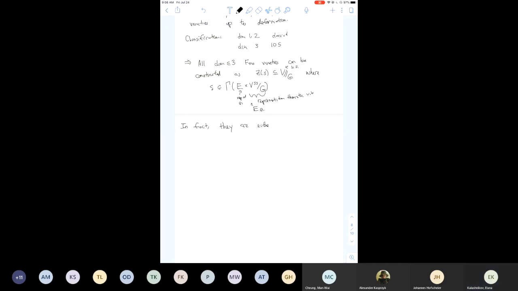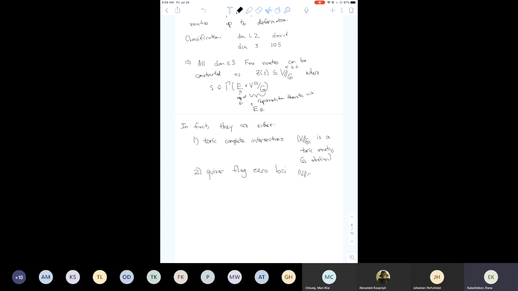All of these Fano varieties of dimension at most 3 can be constructed either as toric complete intersections, which is when the GIT quotient is of a toric variety and G is abelian, or as quiver flag zero loci. These will be the focus of my talk.